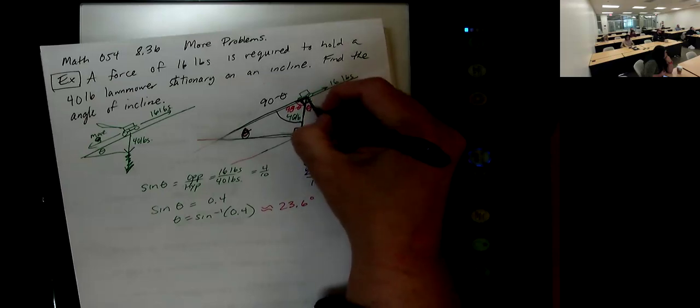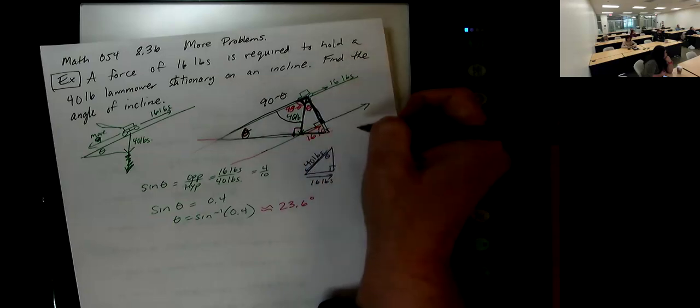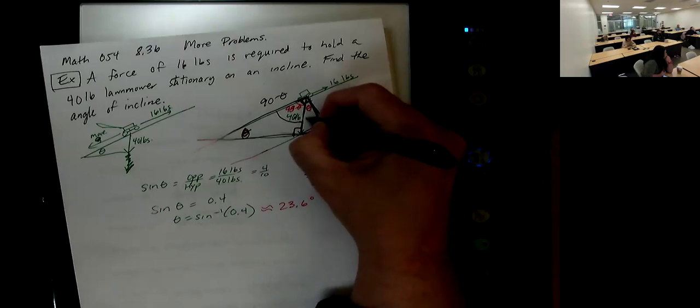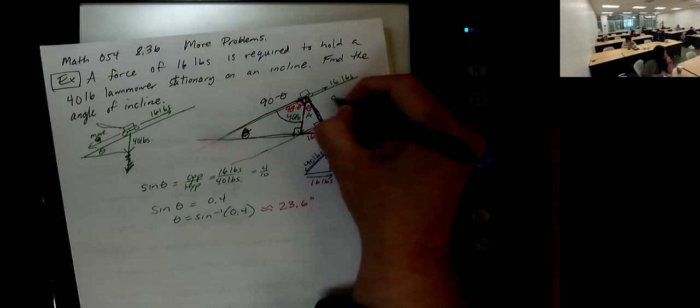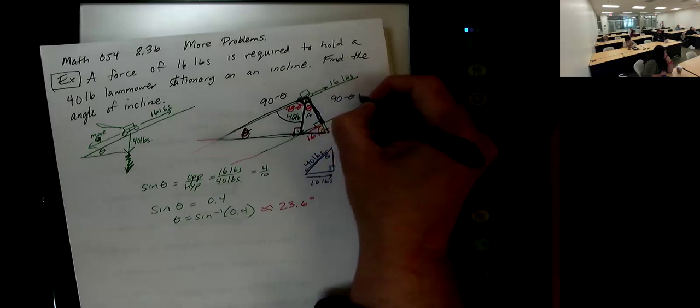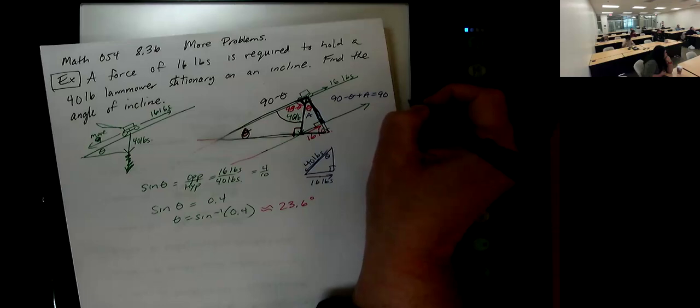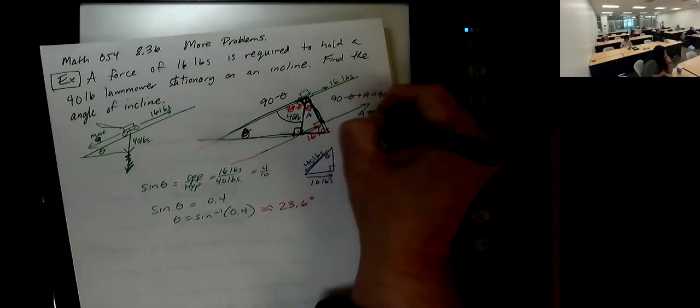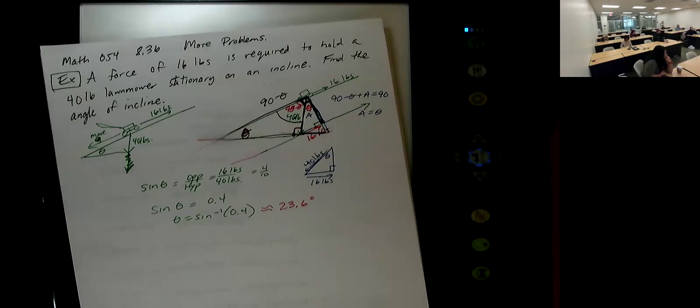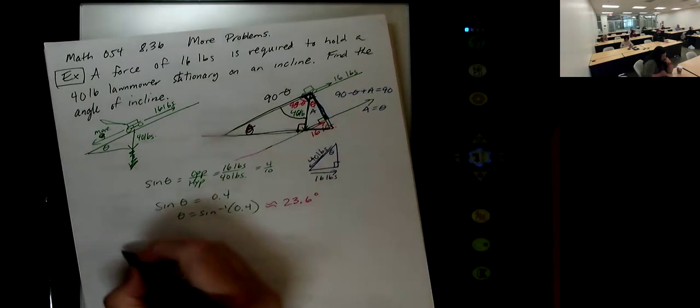Just make it a right angle there, and a right angle has to add to 90. So if I don't know what this angle is here, I'll call it A. 90 minus theta plus A has to add to 90. You're gonna see A equals theta. Okay.